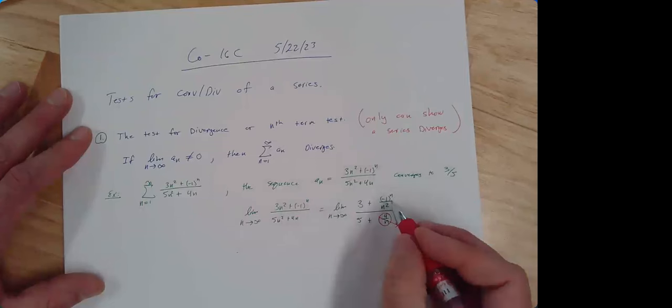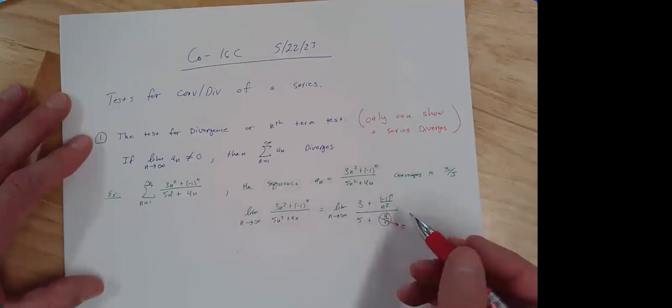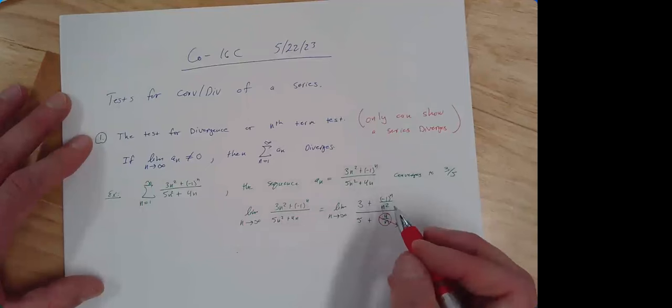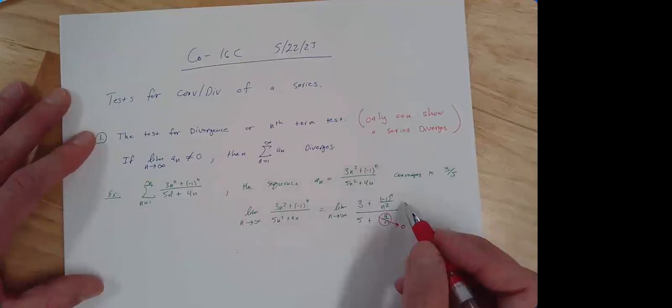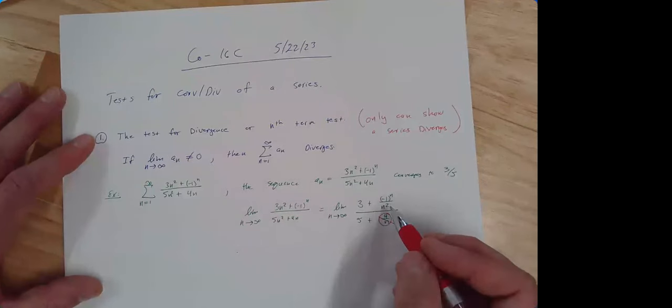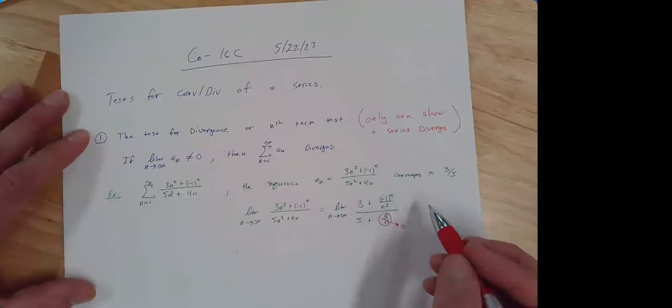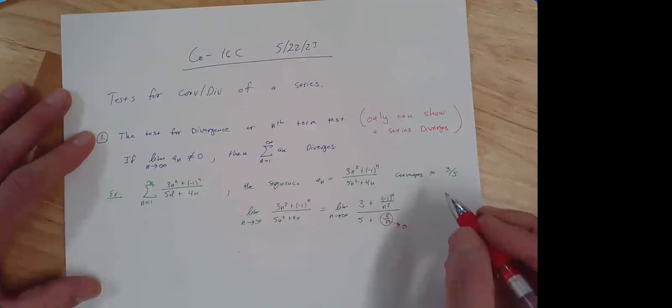And (-1)^n over n squared bounces back and forth between positive and negative, but the denominator is still getting larger and larger. This is like -1 over 1, then positive 1 over 4, then -1 over 9, then positive 1 over 16, getting closer and closer to 0.